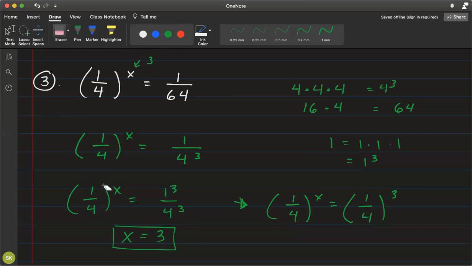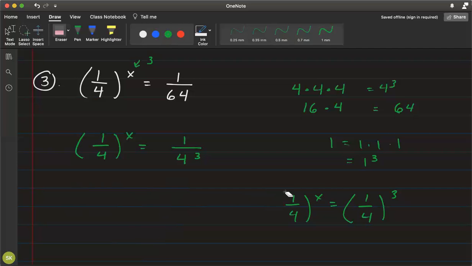I do want to mention there's another option, and it's good to practice different ways to do this, because the more ways that you see something, the more experience you have, and that will help you when you solve other problems. So something we could have done right here is move this 4 up to the numerator by making this 4 to the negative 1.